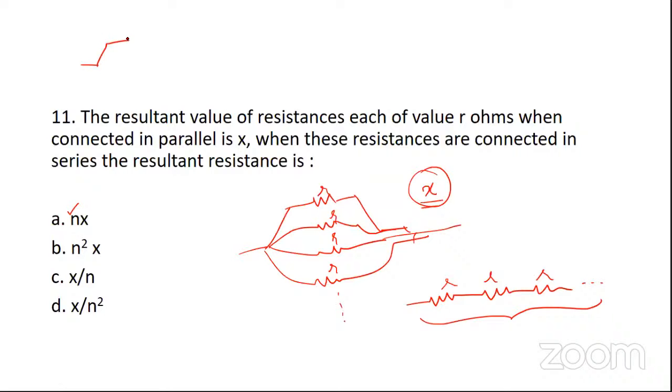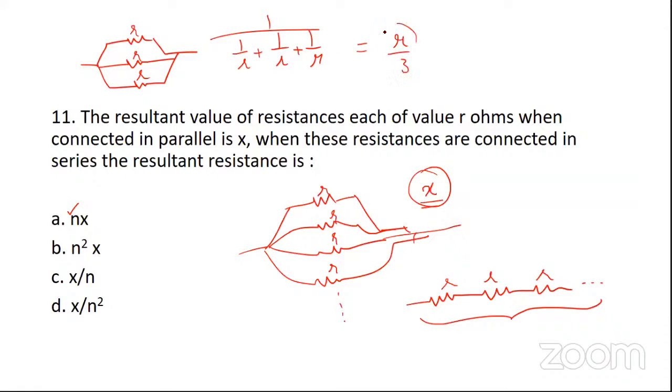Suppose we have 3 resistors in parallel, each of value R. Then the resultant of this will be 1 upon R plus 1 upon R plus 1 upon R, whole inverted. That will become R by 3.